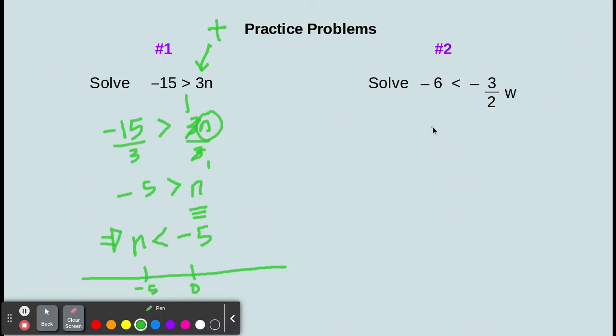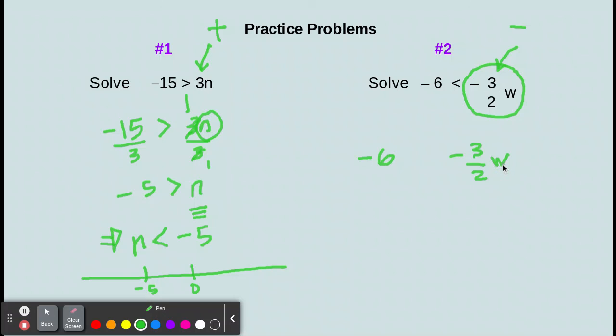Okay, for number 2, we look at our variable. The coefficient in front of the variable is negative, so we know we need to what? We need to flip our sign. Okay, so we have negative 6, negative 3 halves w.